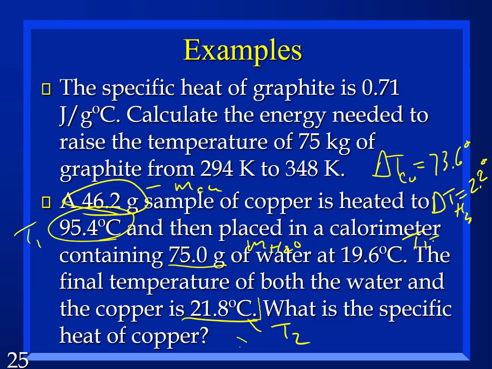Do I know the heat the copper got? No. Do I know the mass of the copper? Yeah, I know the mass of the copper. The mass of the copper is 46.2. The change in temperature of the copper we said was 73.6 degrees Celsius.